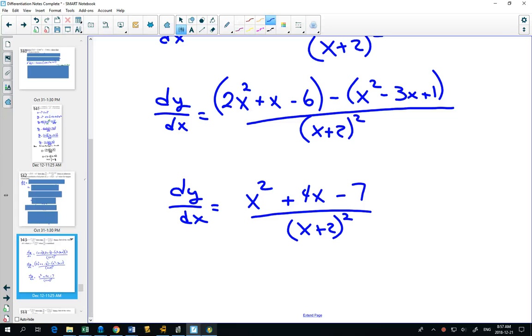It says this time hence. Hence means we have to use the result we found. Okay? It's asking when it's undefined, right?